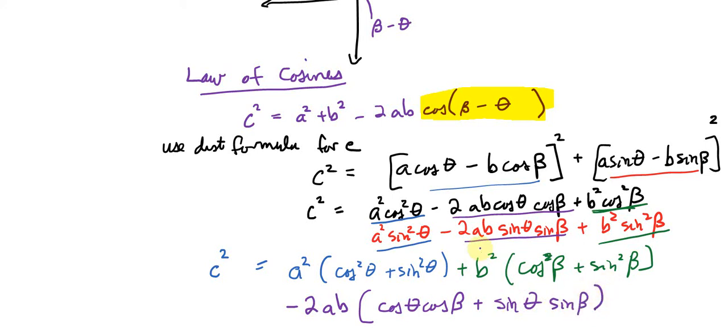Okay, so we're not even using the law of sines. We're just using the distance formula and polar coordinates to get to where we are. In the next video, I will finish this proof and get to some useful results.